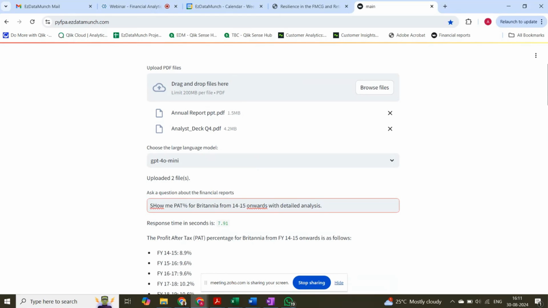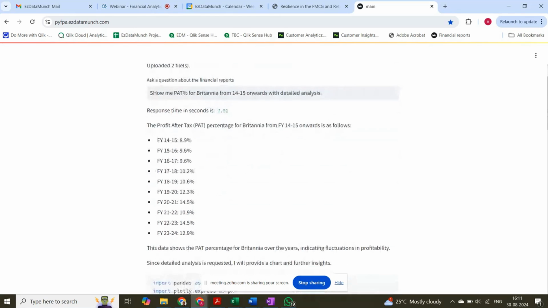So now it is telling me that this is the PAT percentage. Now, where is this picking?